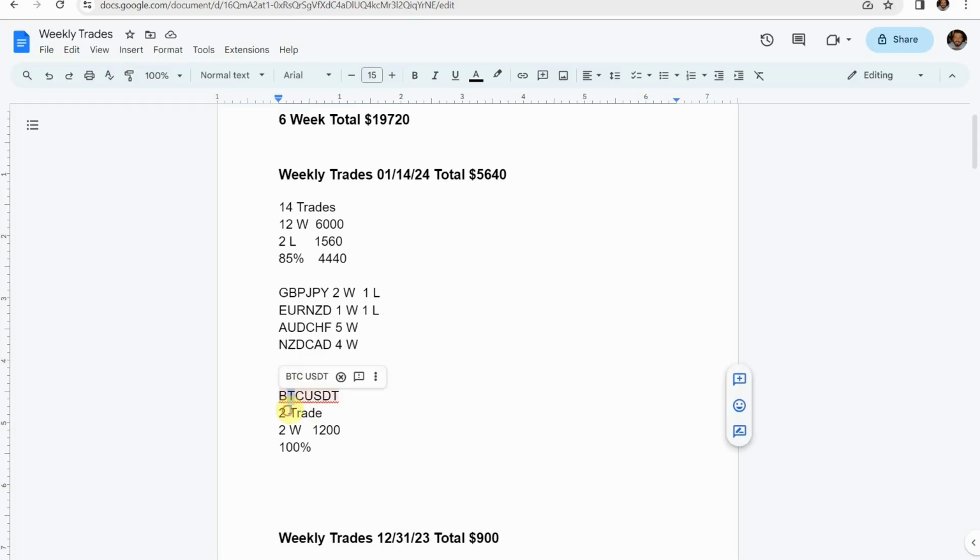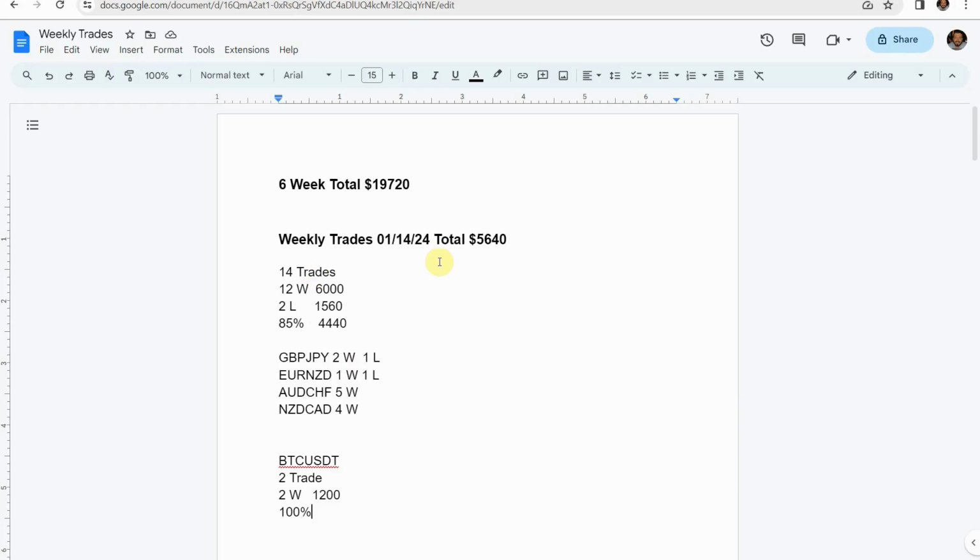On the crypto coin, we had 2 trades, 2 winning trades, 100% win rate, a gain of $1,200. In total, would have been a gain of $5,640. Add that to our 6-week total, or I guess our 5-week total. At 6 weeks now, our total gain would have been $19,720 altogether.